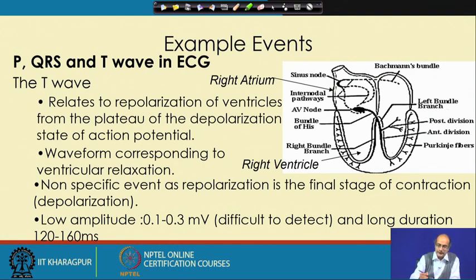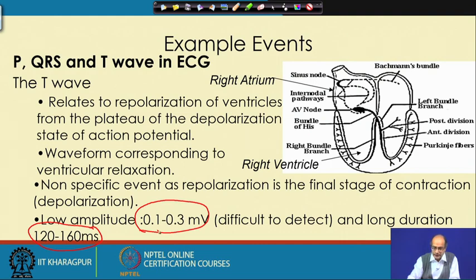Here the time duration is about 120 to 160 millisecond. The amplitude is low, 0.1 to 0.3 millivolts. Like the P wave, sometimes it is a little more, sometimes it is low. If it is low, it is difficult to detect, and it has a long duration.